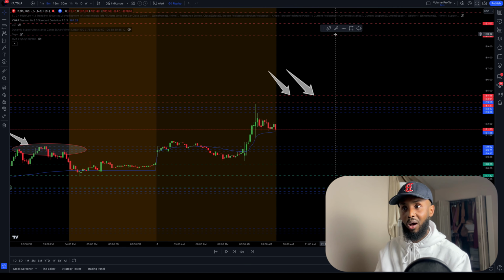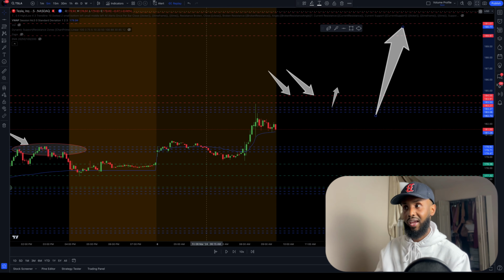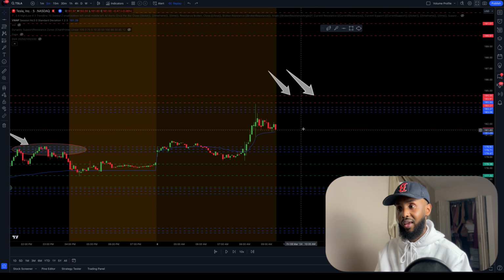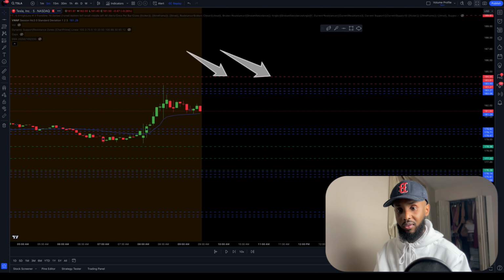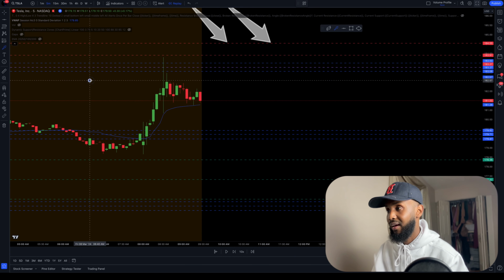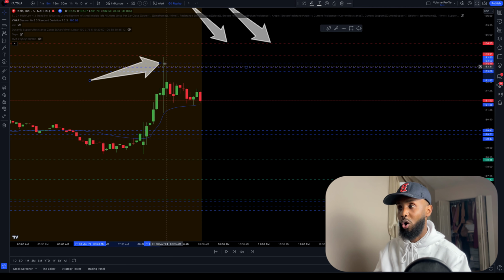Once we break above this 185 area, yes, then Tesla can start testing 190. But until then, we are still bearish. And we can see in pre-market, Tesla came into this zone and it began the resistance and the push back down already. And that is exactly what happened.